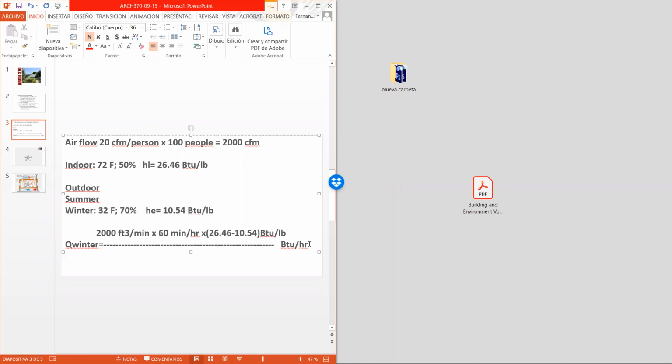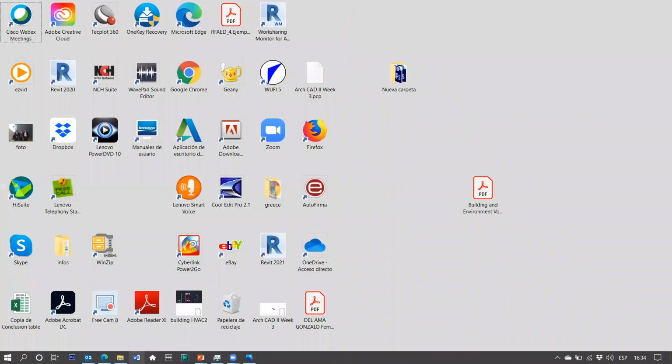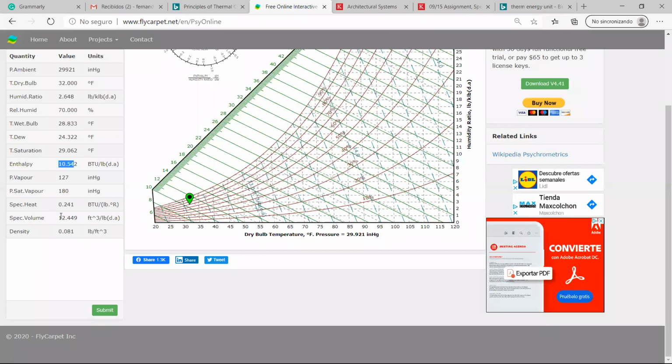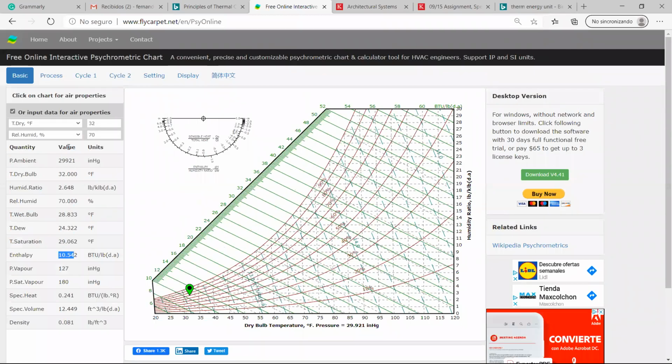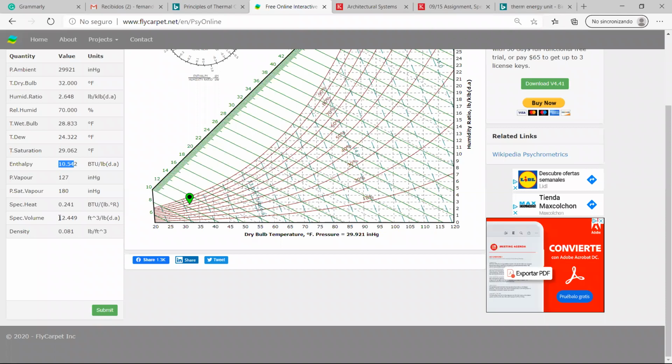Okay, and now we have to divide this by the specific volume. If we go over the specific volume here, indoors it was 12.5, and the other one was 13.5. It's something between 12.5 and 13.5. We can say 13, and that's good.